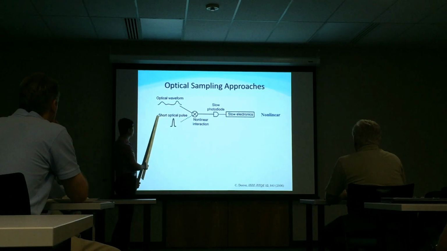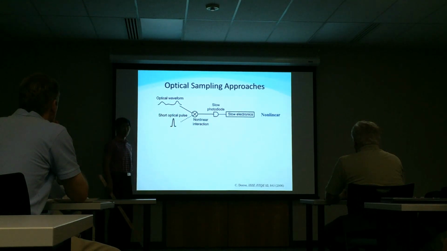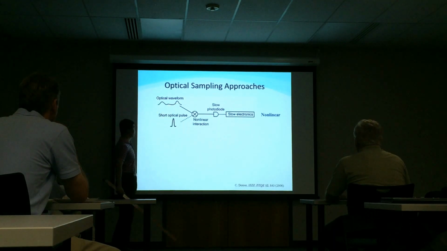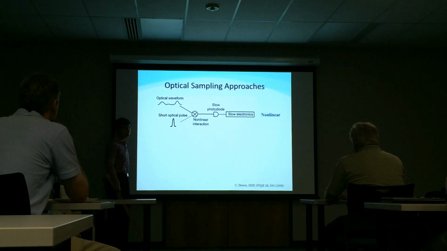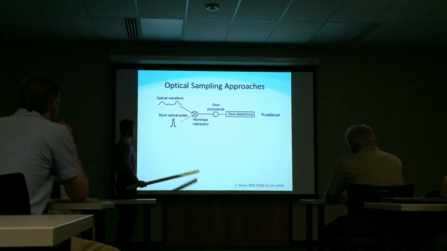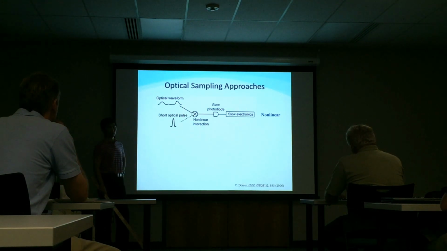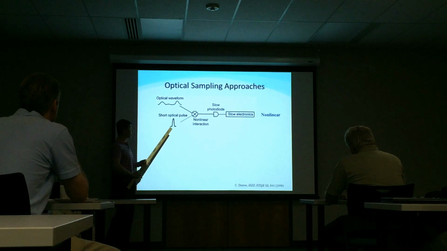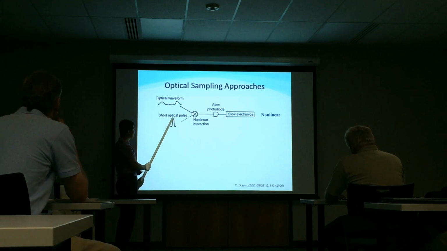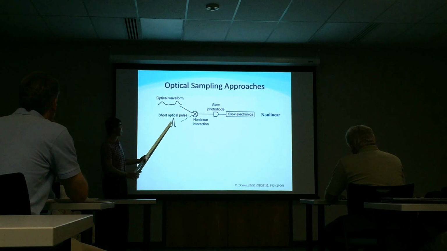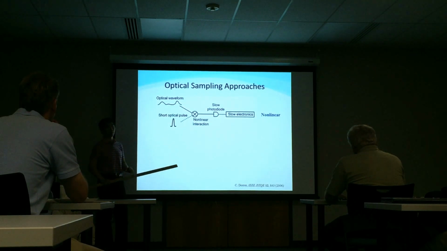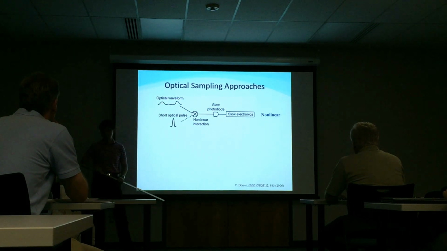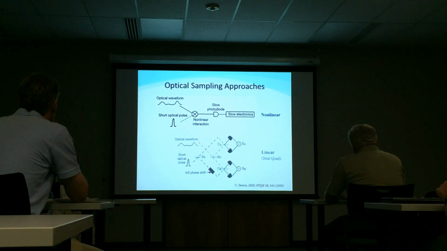You have to have very short optical pulses to create the gate, and this is your optical waveform that you want to probe. You have them both go into your nonlinear medium, because the nonlinear effect depends on both signals. What you get out of that is gated by your ultra short pulse signal. That way, you use a slow detector and probe the very fast optical waveform.